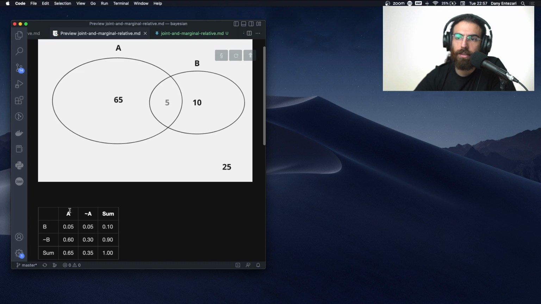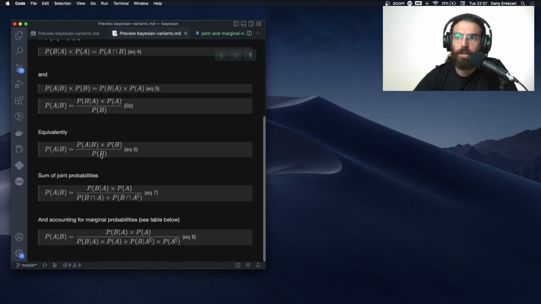Probability of B and A will give you 5. Probability of B and not A, or the complement of A, also 5. Add these up and you will get the sum, which is equal to the marginal probability. So again, the probability of B is equal to the sum of these joint probabilities. This is true no matter what the events are.